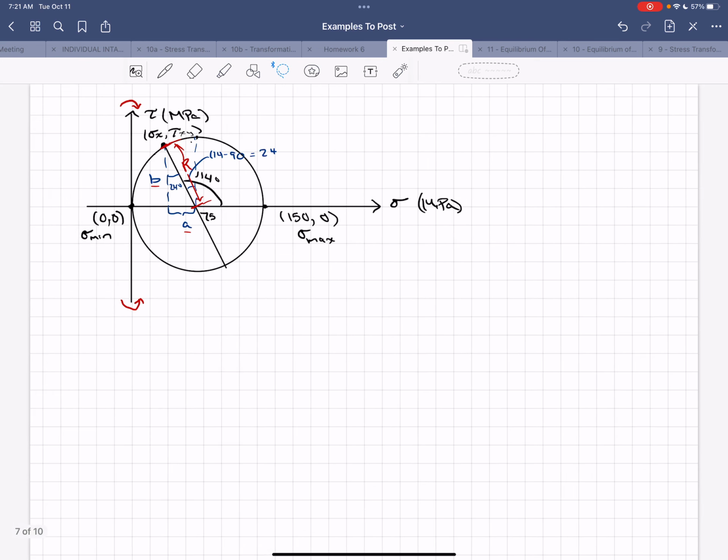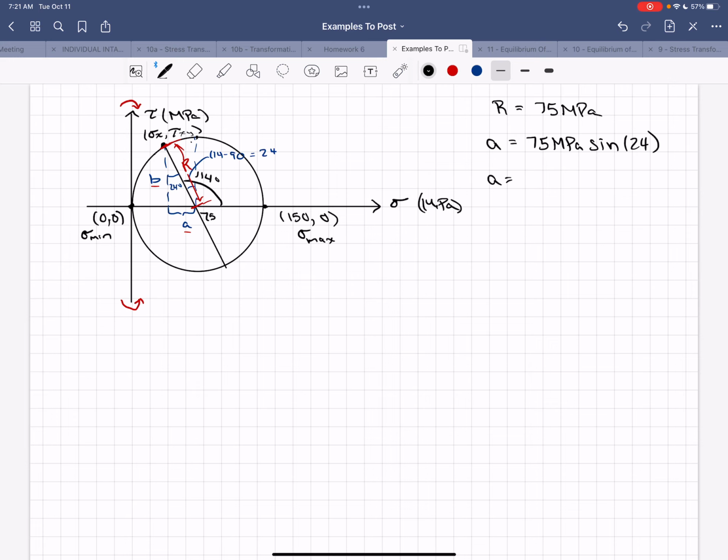So if R is 75 megapascals, then A equals 75 megapascals times the sine, it's opposite, of 24.